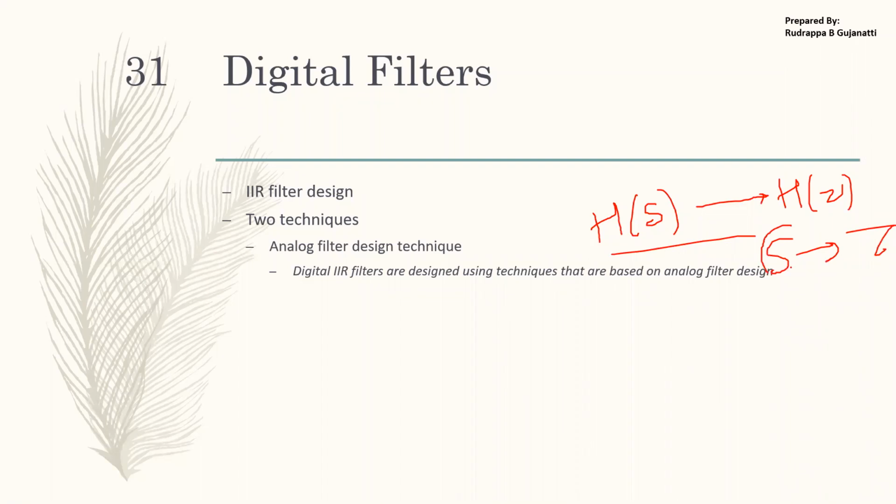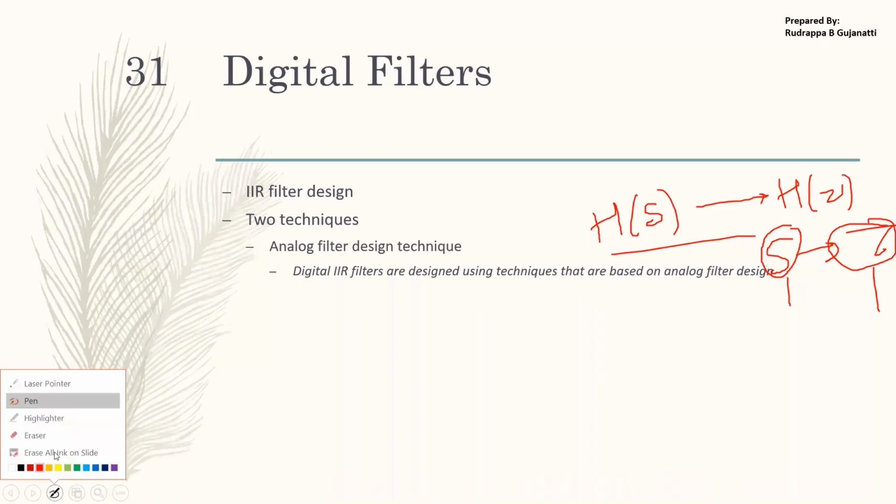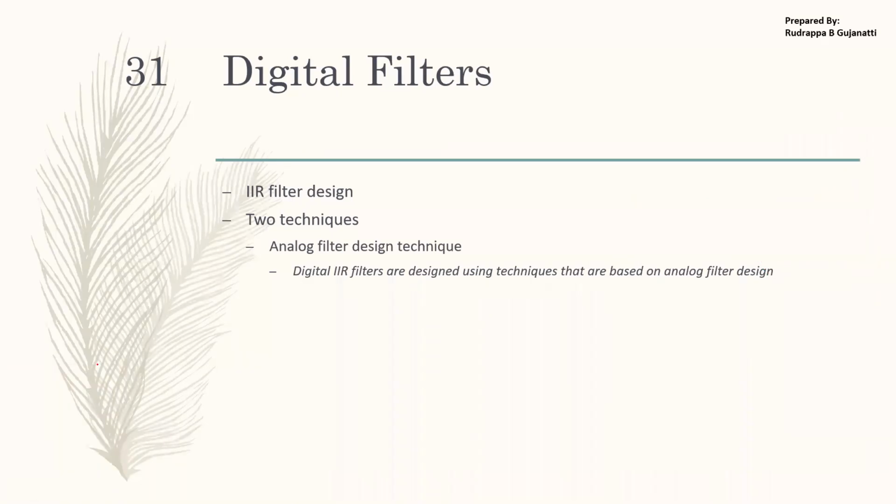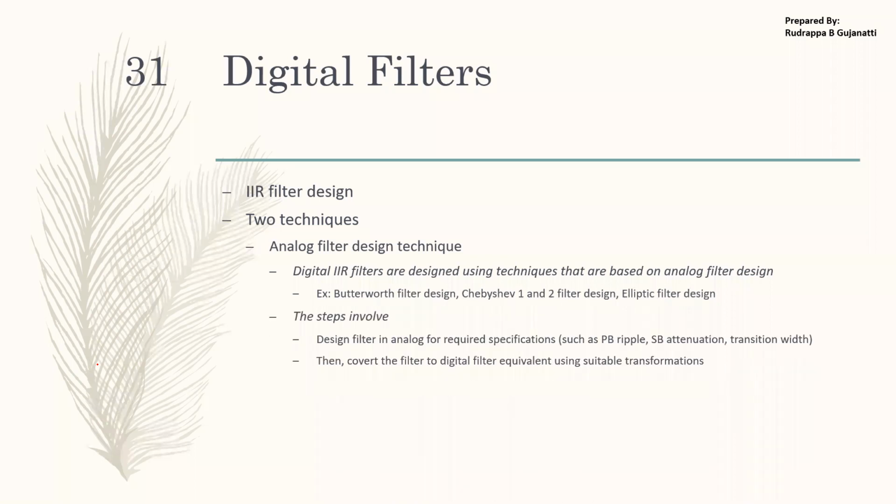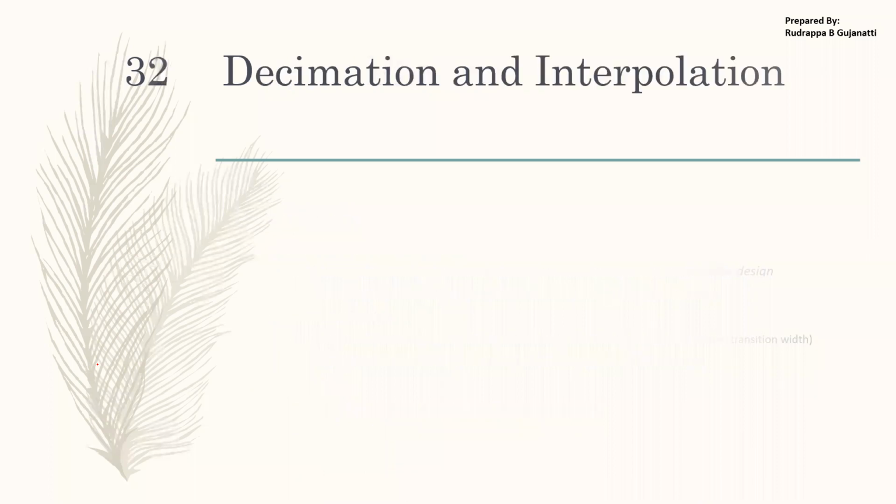S is used for the analog domain and z is used for the digital domain. So you convert from the analog to the digital domain. These were the discussions we had done. Another one is direct design, which is based on least squares. One example is the Yule-Walker design method. So let us go further.